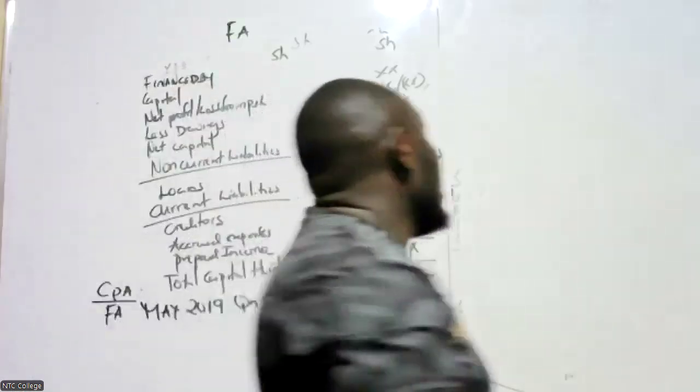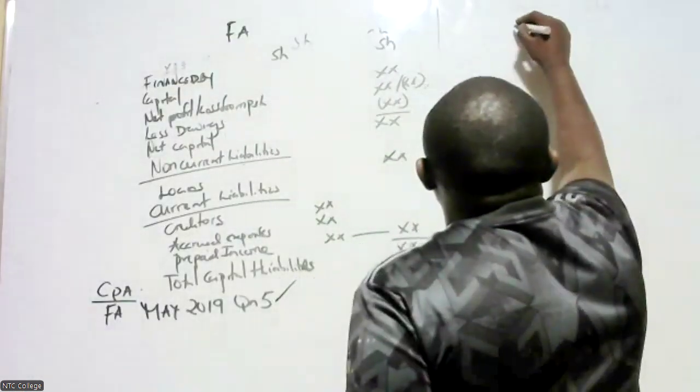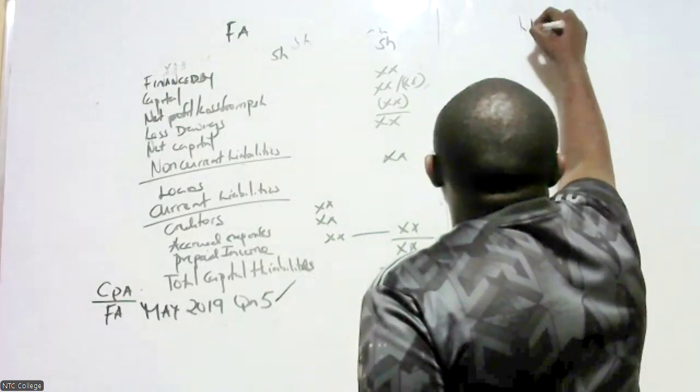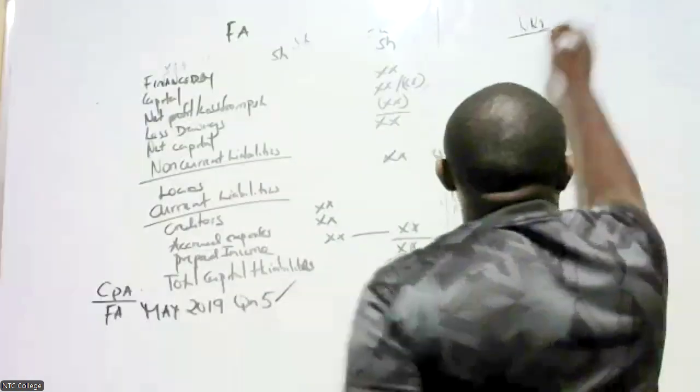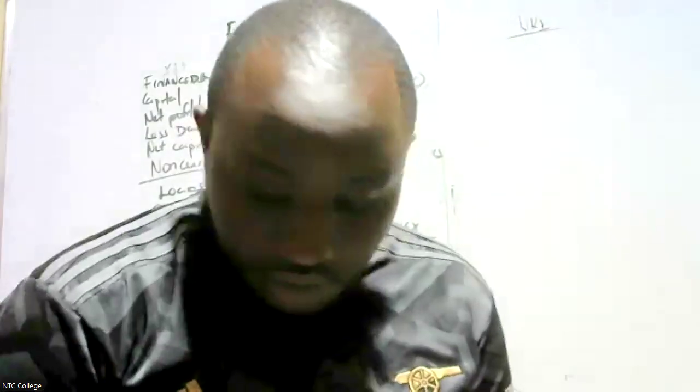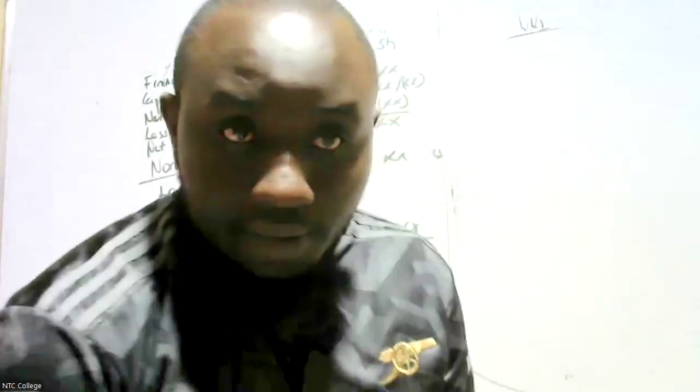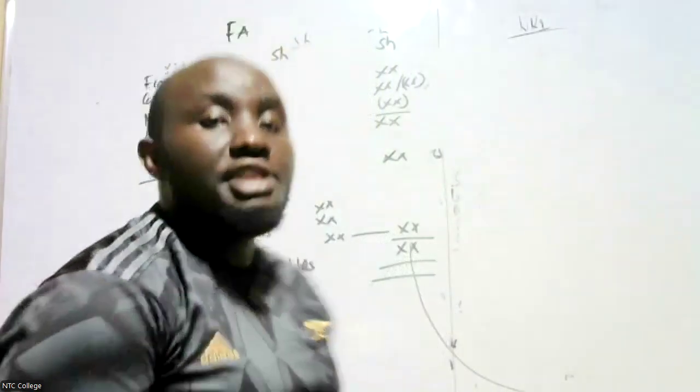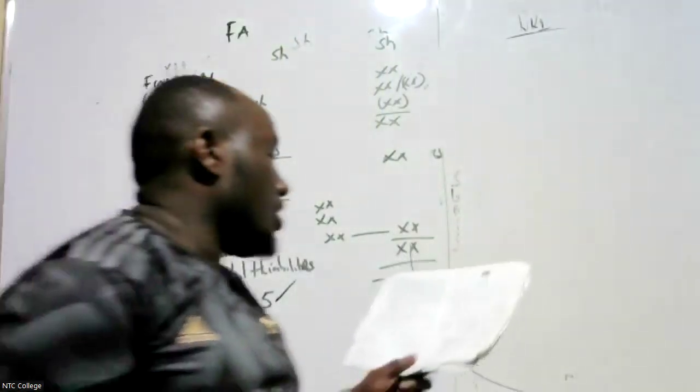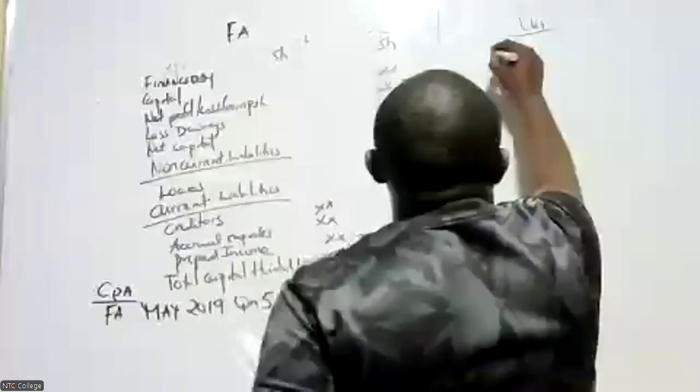So we open this ledger so we can have our working. We call it working one. We don't have capital. This question has no capital figure, so we have to work it out. So I open a capital account.